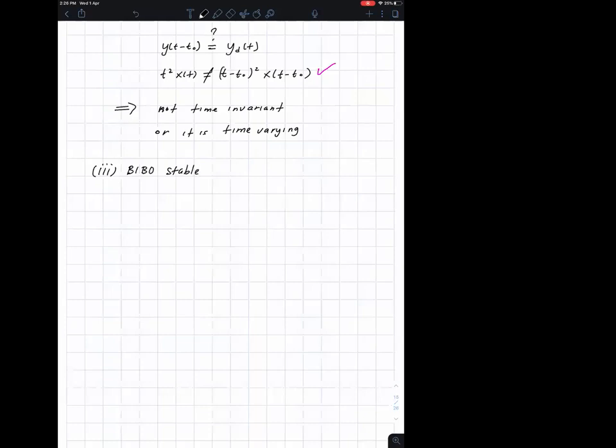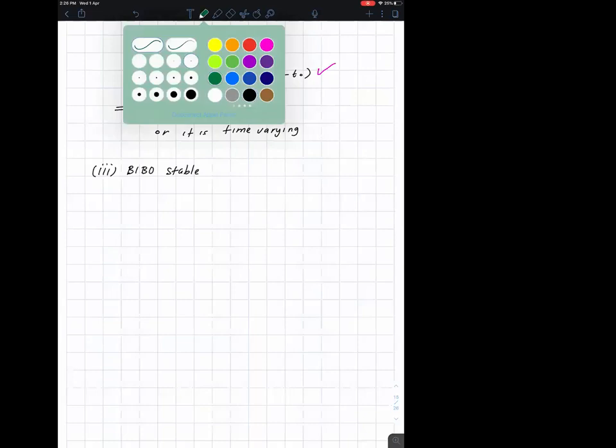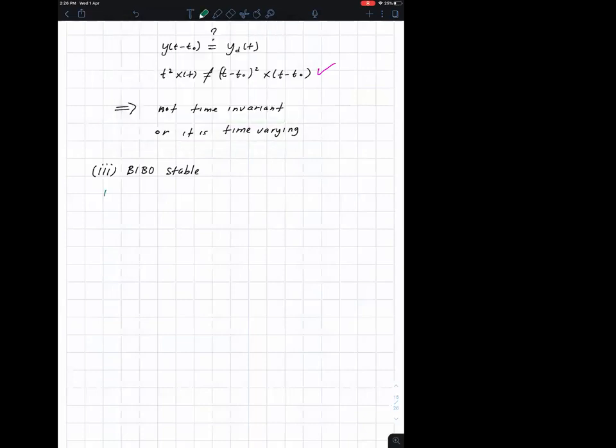BIBO stands for bounded input, bounded output. Bounded input, bounded output, BIBO stable.